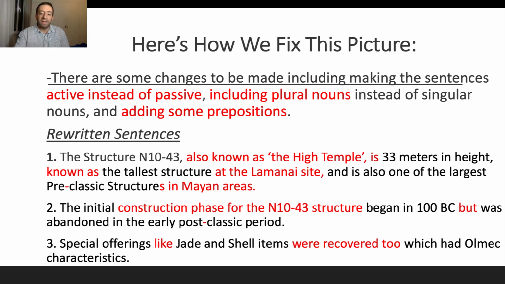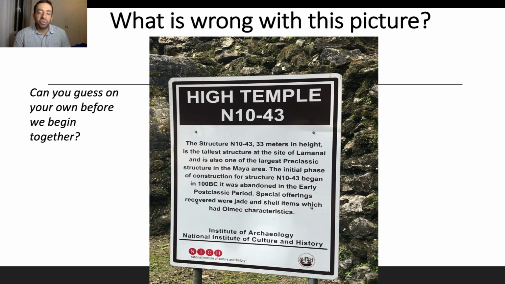But first, let me go back and read the original version. My mistake. The structure N1043, talking about the High Temple, 33 meters in height, is the tallest structure at the site of Lamanai, and is also one of the largest pre-classic structure in the Maya area.